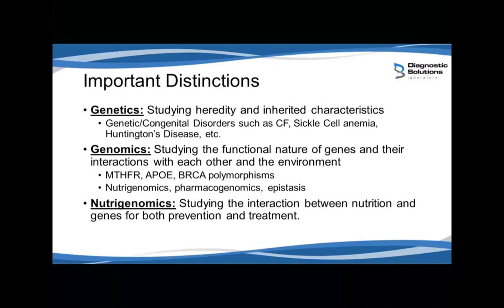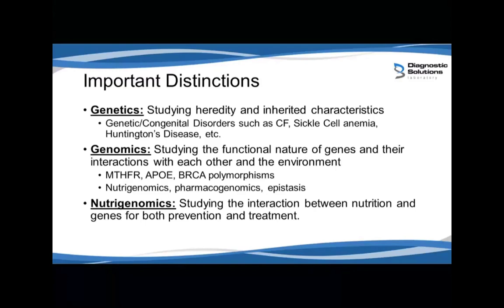Then we get into the field of genomics, where we're looking at things from a much more functional nature. This is how genes behave in their interactions with each other and in the environment. Some of the big hitters in this world, which probably everyone tuning in today has heard of to some extent, are MTHFR, ApoE, BRCA polymorphisms, as well as the fields of nutrigenomics, pharmacogenomics, and epistasis.